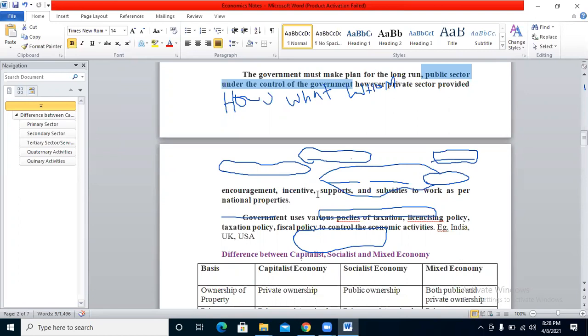Basically, in the mixed economic concept, the government works as a policy maker rather than a producer.